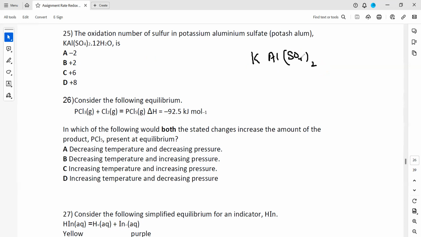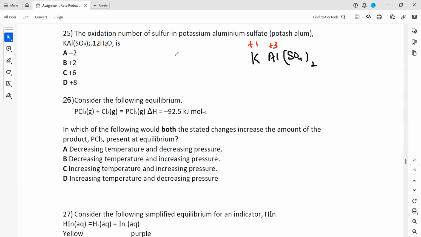Because the overall compound is neutral, first, aluminium is plus 3, potassium is plus 1. And this 2 represents the net charge on this, like when we cross multiply, this 2 will be there.